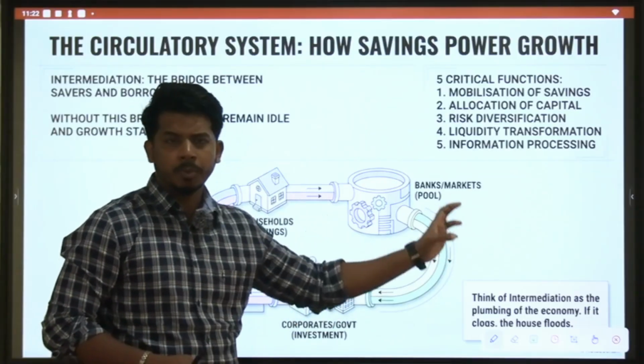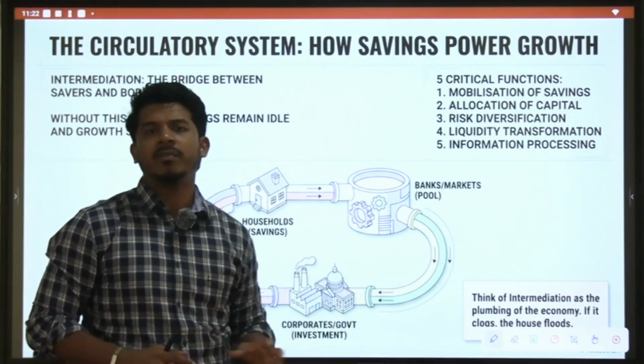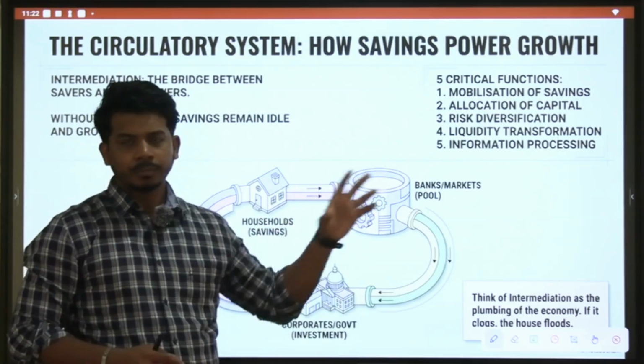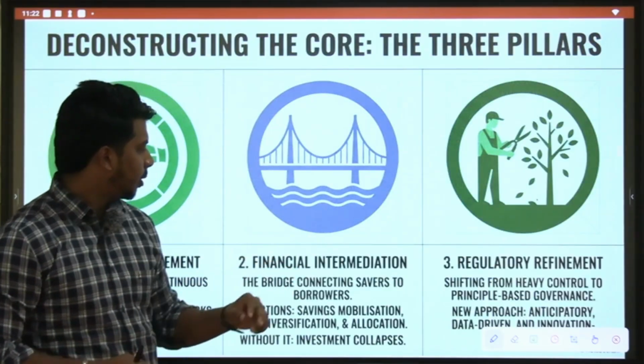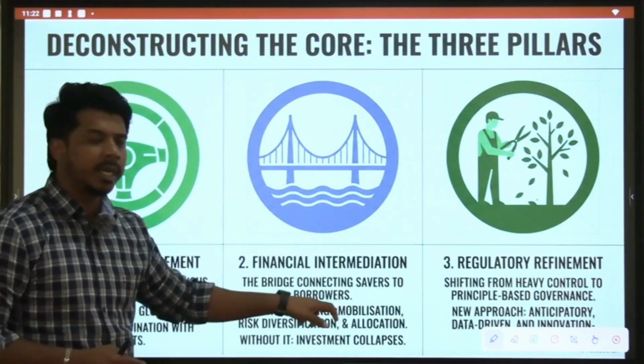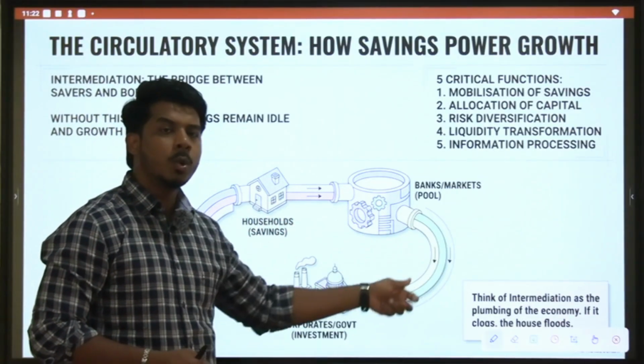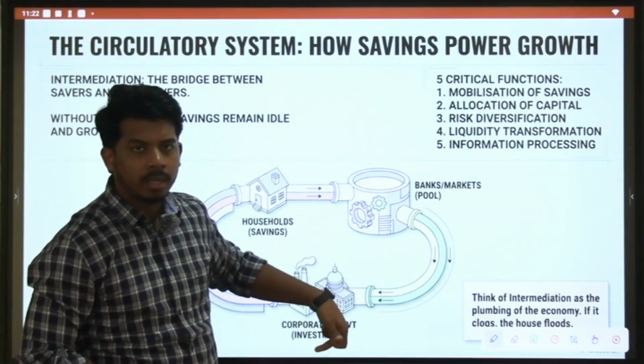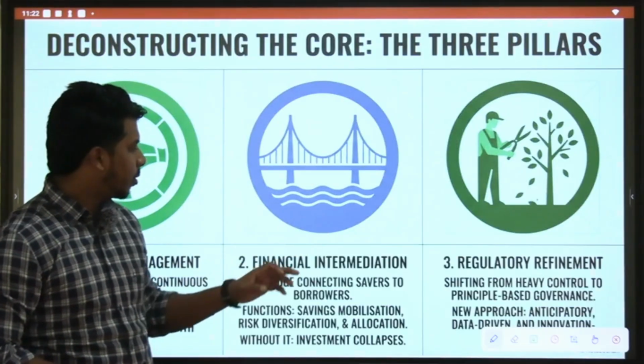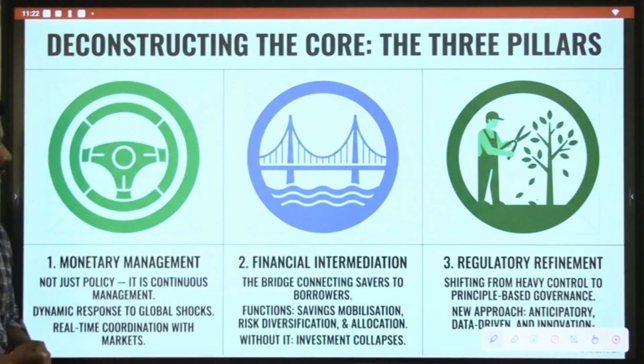This whole system, these processes, institutions, all of them together are called the financial system. Okay, so they are talking about this financial intermediation. The process is financial intermediation. They are mediating between the people who have surplus and those who are in need of money.